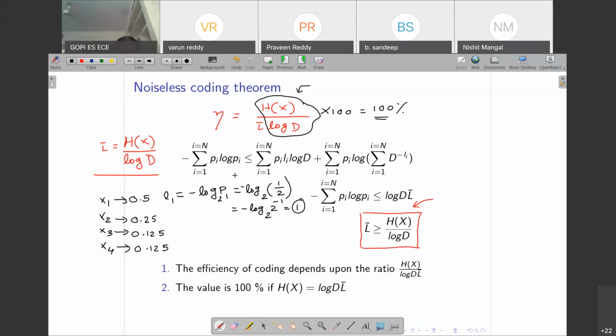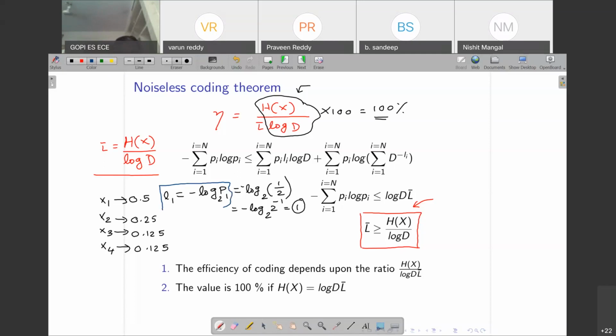What I am doing now here is L1 is purposefully minus log P1. L2 is minus log P2. I will tell you the reason for this purposefully. L3 is minus log P3, right?